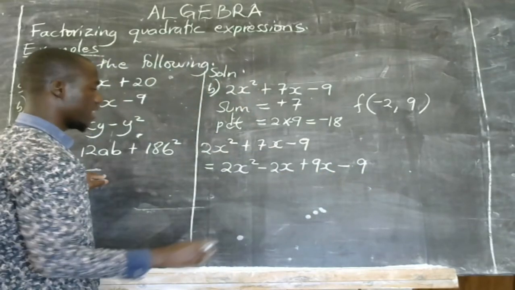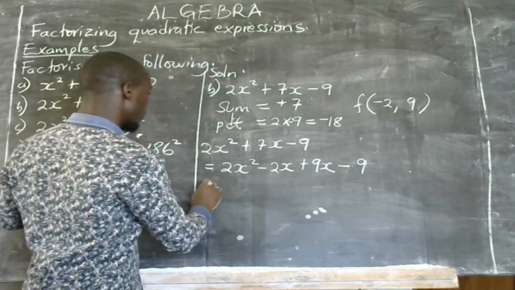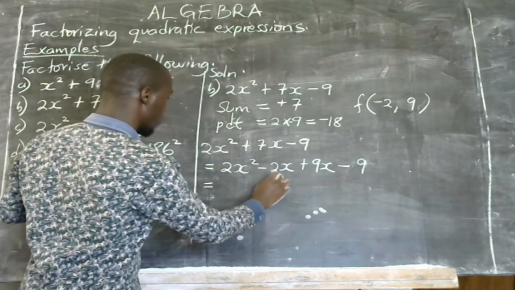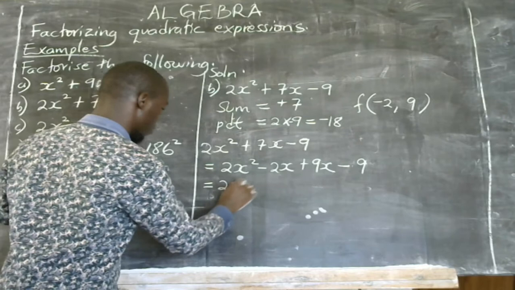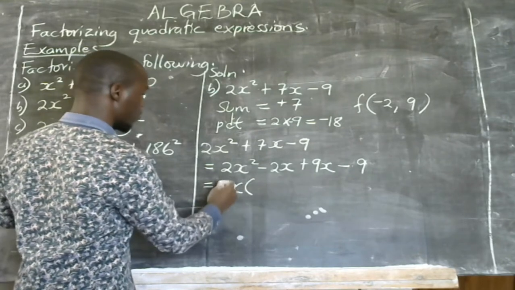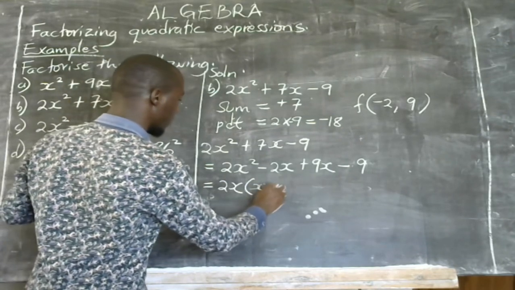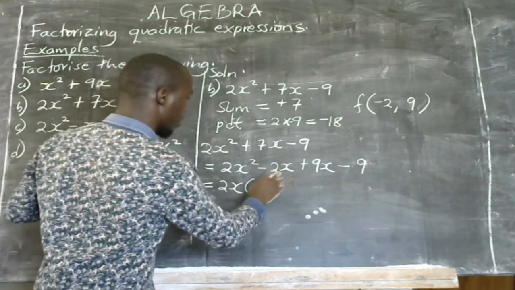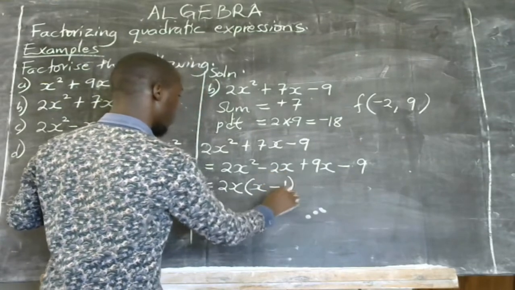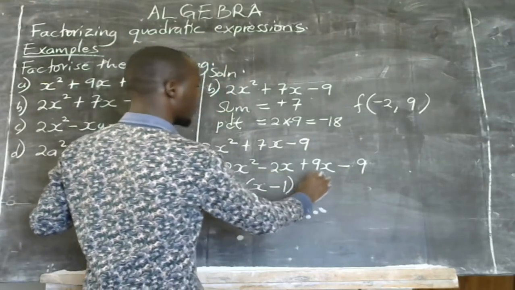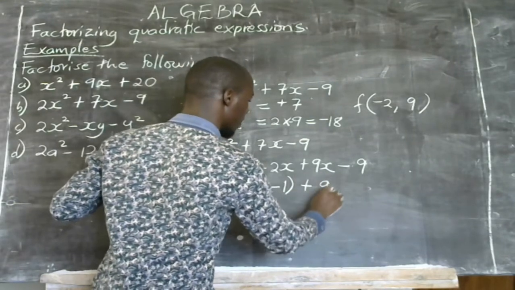I factorize two at a go. So for the first 2, what is common there is the 2x. When I pull out the 2x, here I'll be left with x minus, and when I pull out the 2x, here I'll be left with a 1. Then plus, here the factor there is 9.